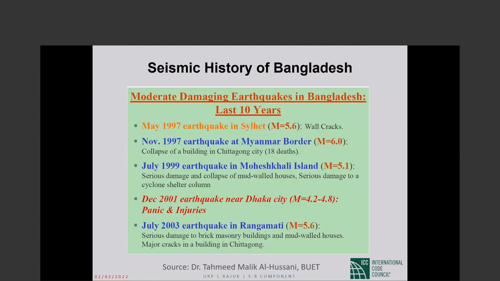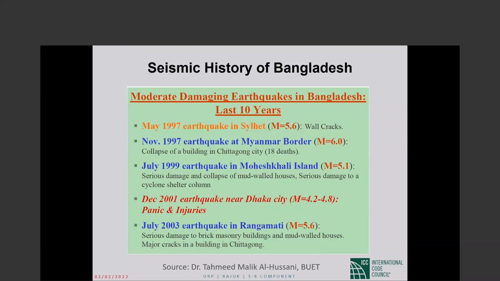It's a small earthquake, but because it was close to the city, there was quite a bit of panic apparently. July of 2003, earthquake in Rangamati, that's magnitude 5.6. This list of moderate earthquakes also stops in 2003. That doesn't necessarily mean anything.